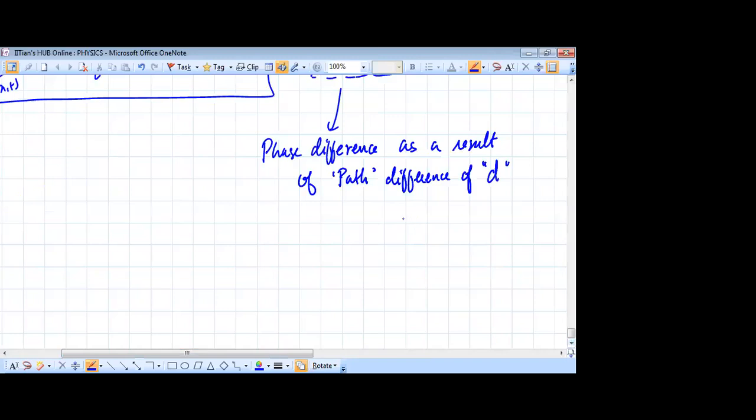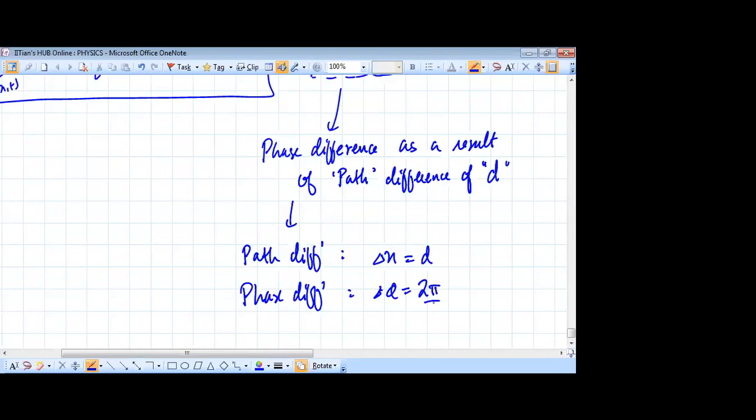So when you convert a path difference into a phase difference, the rule of thumb is like this: the path difference, we think of it as delta x, because it's the difference in x. If that is d, then the corresponding phase difference it creates, delta phi, becomes 2 pi by lambda into delta x, or k d.